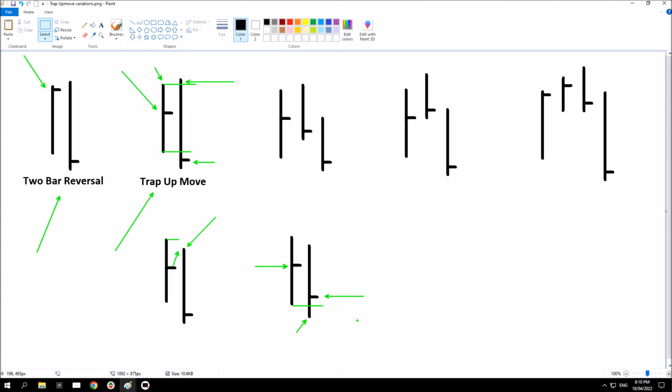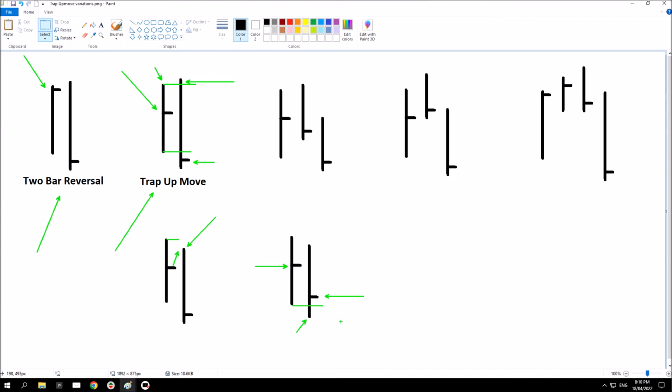And if the subsequent price action doesn't help to confirm a trap up move or a reversal of some sort, and instead the market has taken advantage of the down bar's weakness and moved in and bought it up, you may get a reversal in the opposite direction. So with excessive volume on the down bar, you need to be aware that the market may have changed its behaviour immediately. So just be aware of that.